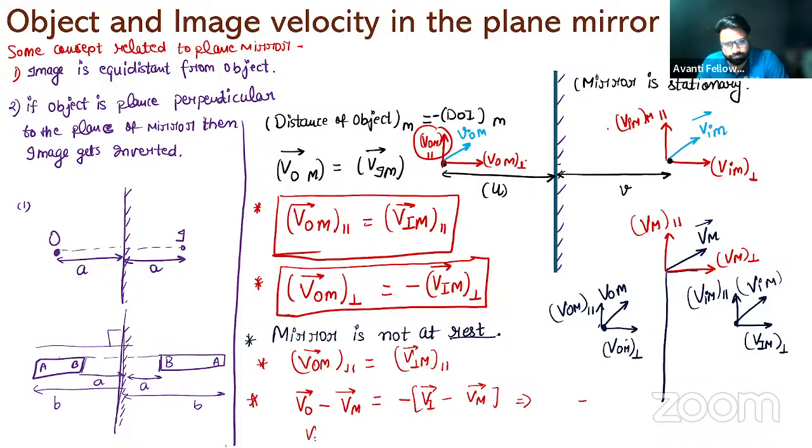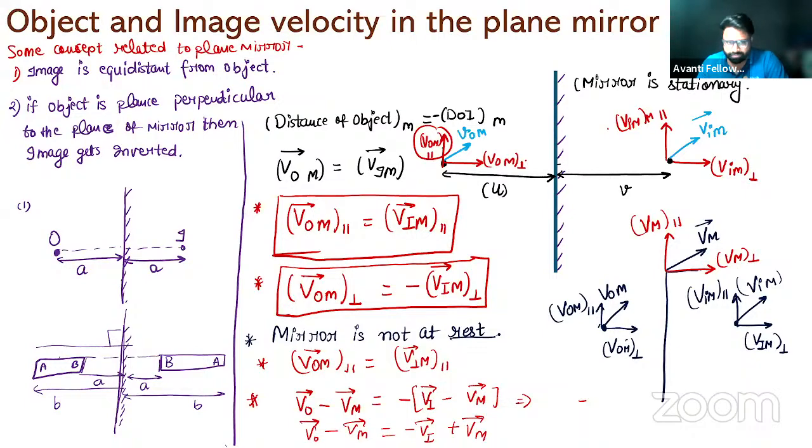This will become velocity of object minus Vm vector is equals to minus Vi plus Vm.